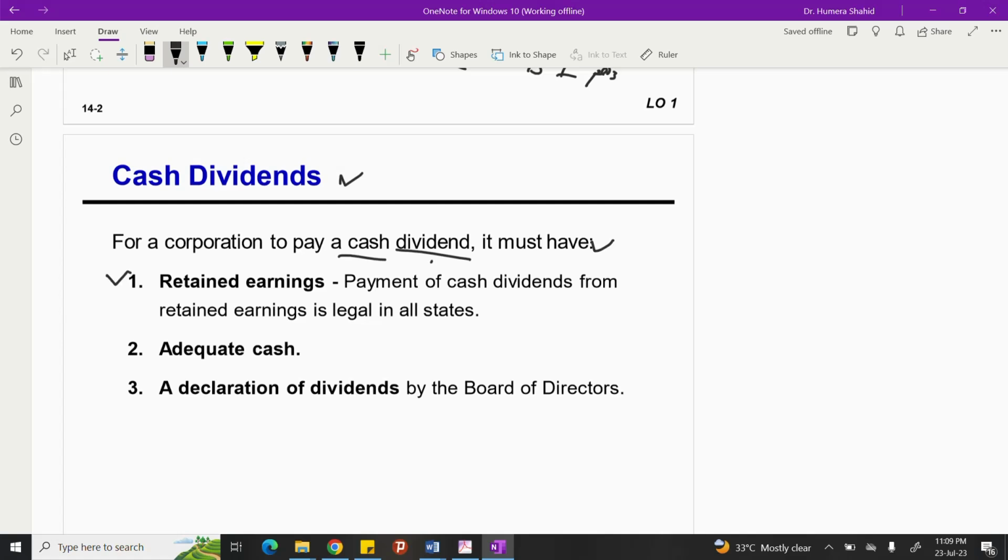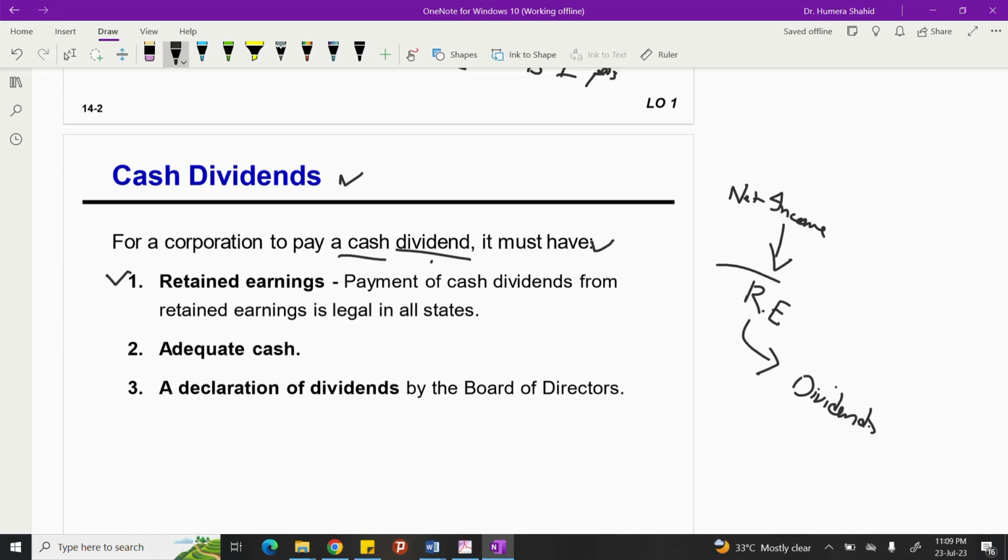Number one, it should have retained earnings, because if you remember the closing entries you make for the sole proprietorship or the partnership, similar is the case for corporations as well. All the net income is taken into the retained earnings account first, and then the dividends are paid out of retained earnings.